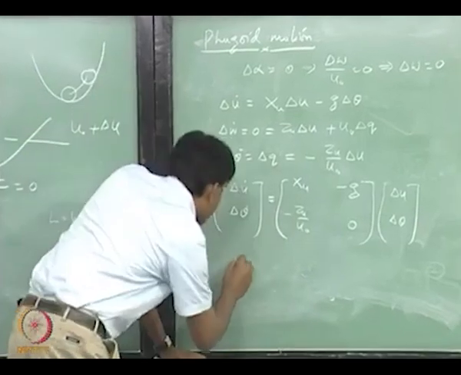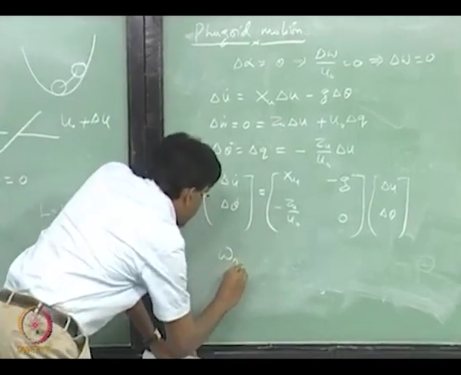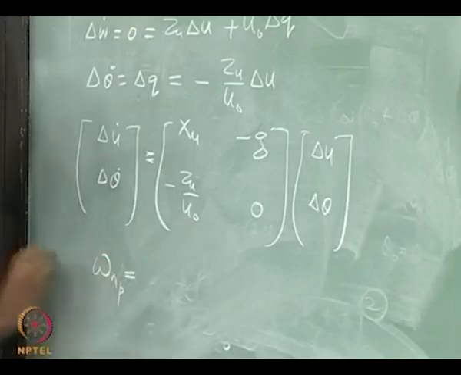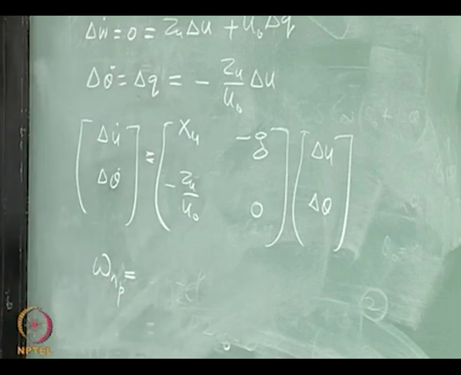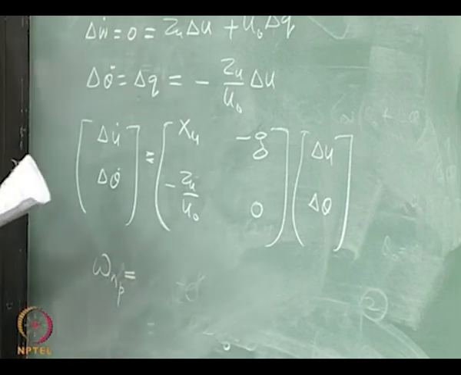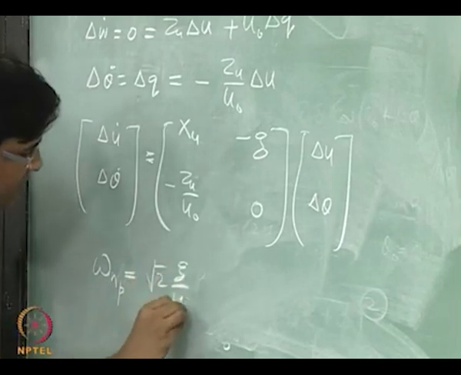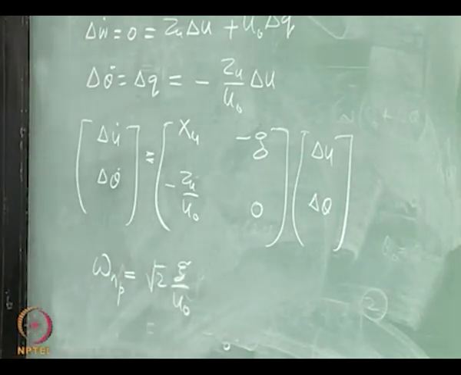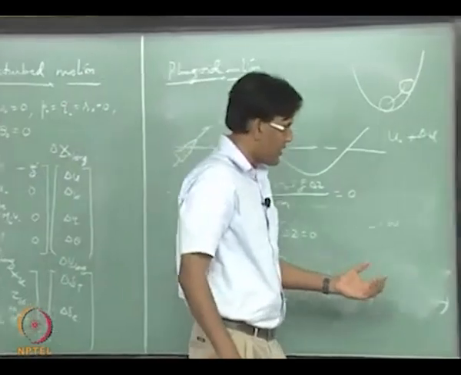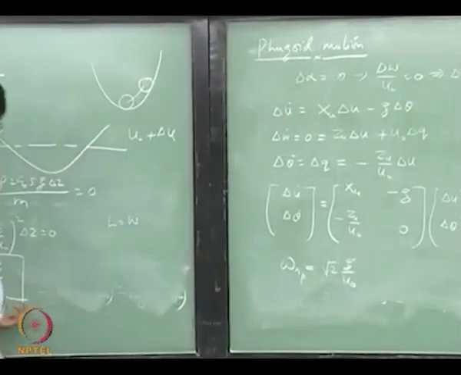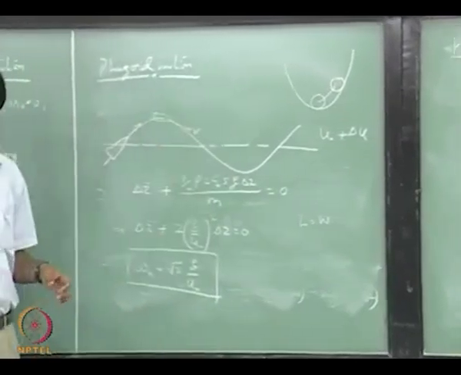So, you will arrive at the frequency of the Phugoid mode, which is interestingly the same as what Lanchester obtained. Frequency is the same, okay, what we achieved by doing this analysis.